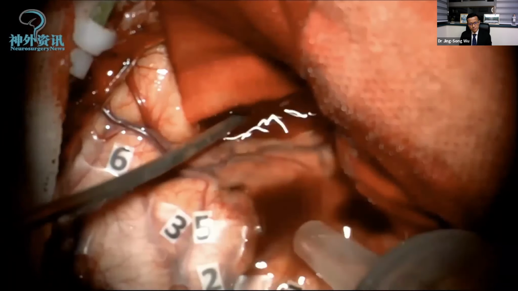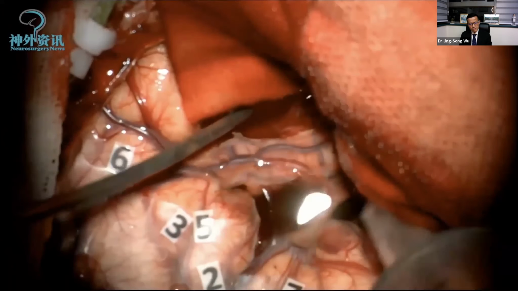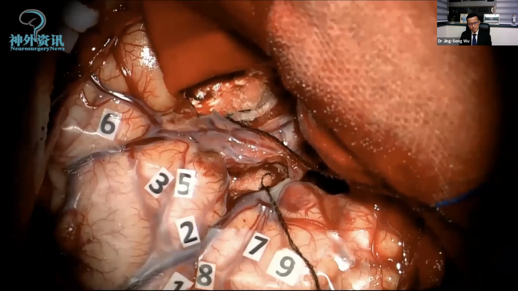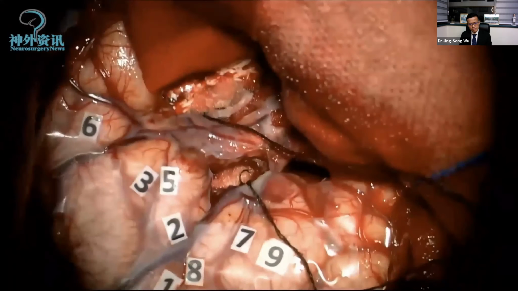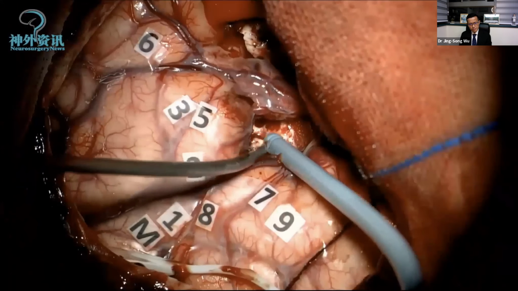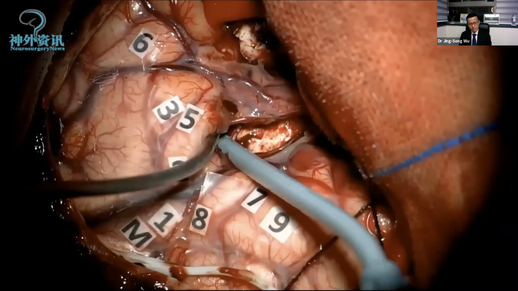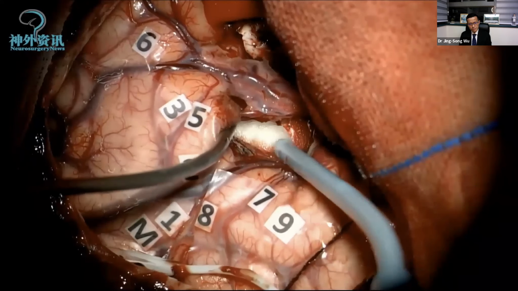The resection cavities were rinsed repeatedly with warm saline until hemostasis was achieved. Then, surgicel was placed into each cavity.